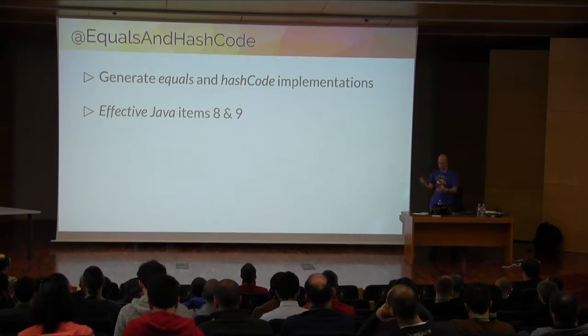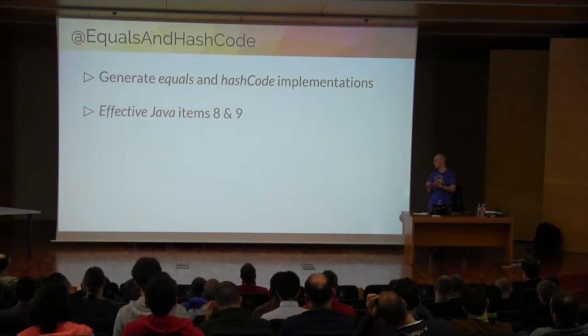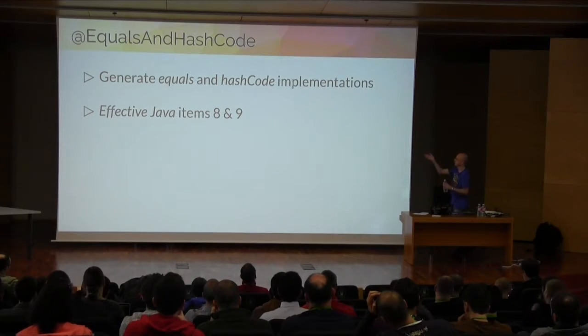And it's not always easy to implement equals, so this annotation does all the hard work for us. Because a good equals implementation needs to be reflexive, needs to check for symmetry, transitivity, consistency, and non-nullity. This is what Joshua Bloch said in the Effective Java book.